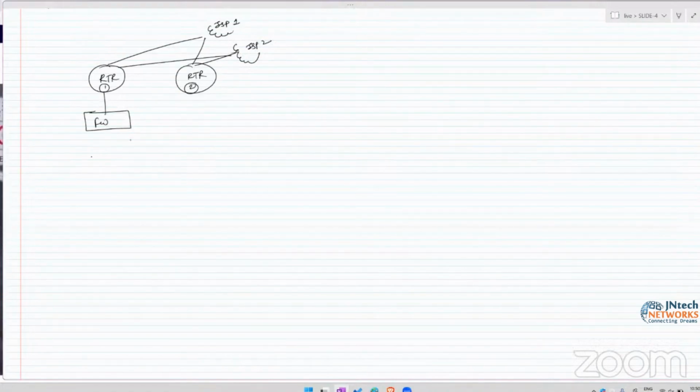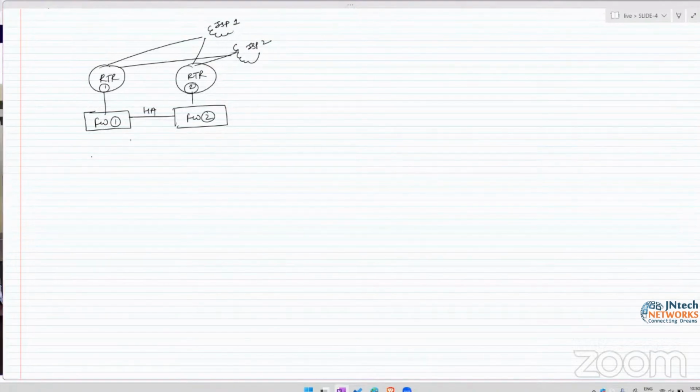Clear? And both routers are connected with ISP1 and ISP2. This kind of design we are getting. Now, those routers are connected with firewall 1 and firewall 2, and on this firewall we are getting the HA concept.